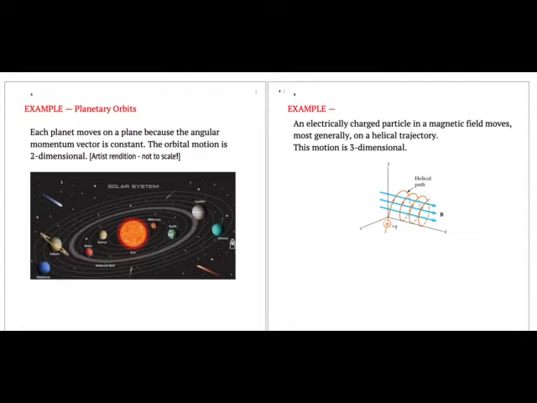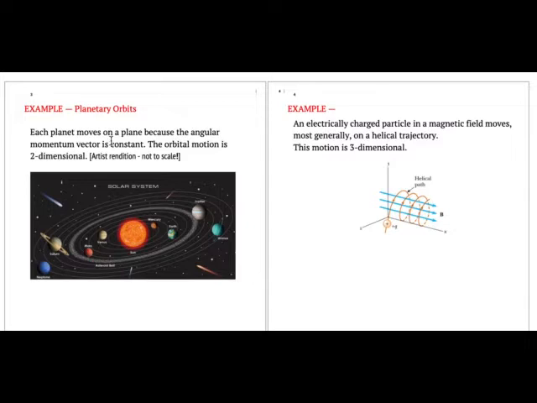All the orbit planes are about the same. So the orbit plane of Jupiter is pretty much the same plane as the orbit plane of Earth. In principle, the orbit planes could be different, but for each planet, there's a plane that the planet moves on, called the orbit plane.